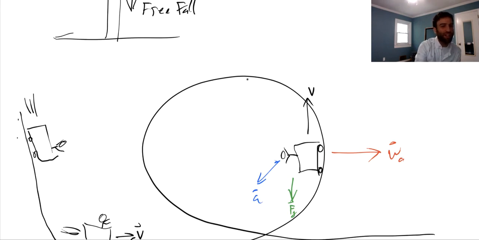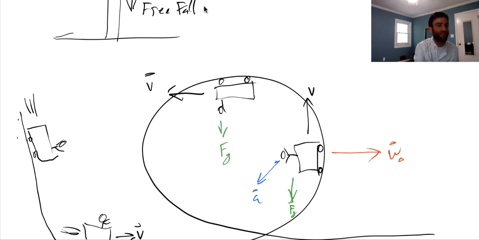What about at the top of this track when you're hanging upside down, hopefully not too long? Again, your velocity is pointed this way. Gravity is, as always, pointed straight down towards the center of the Earth.